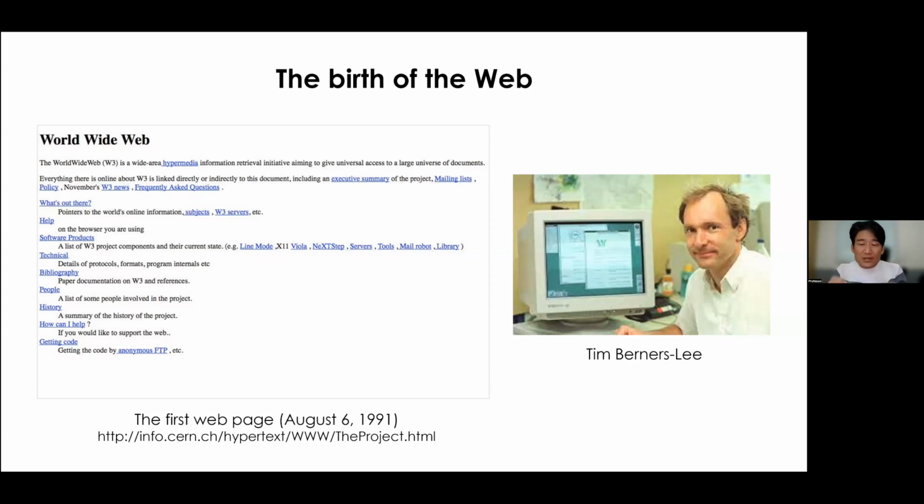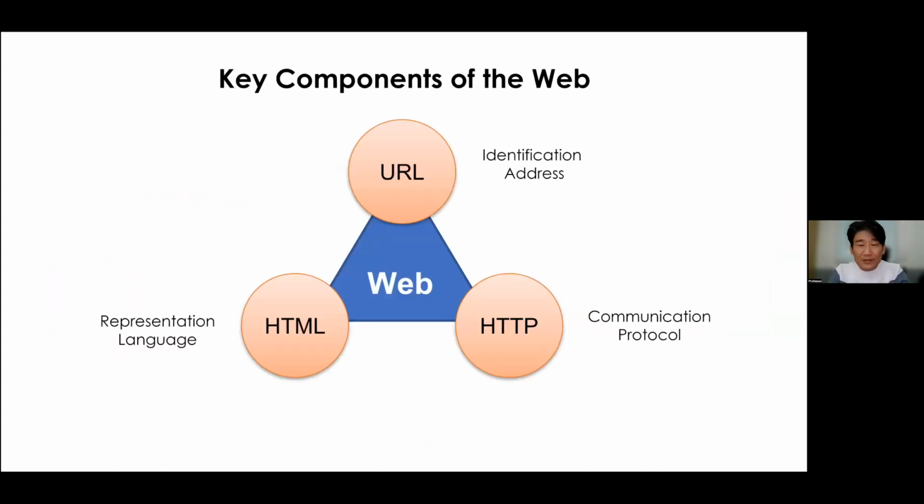So Tim Berners-Lee made three different components of the web. These are the key components of the web. So URL as an identification address, and HTML as a representation language, and HTTP as a communication protocol.